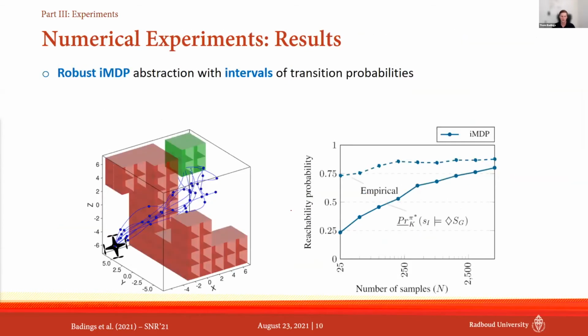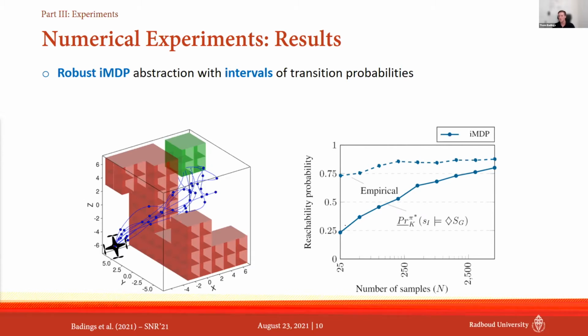When we have a look at the results, it looks as follows. This left figure is the one which was already shown on the previous slide. As I mentioned, the blue trajectories are sample trajectories under the derived optimal controller. And the goal, of course, is that at least 75% of these trajectories should reach the goal safely.